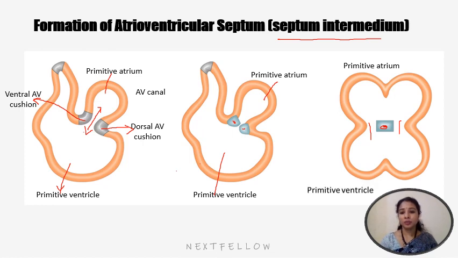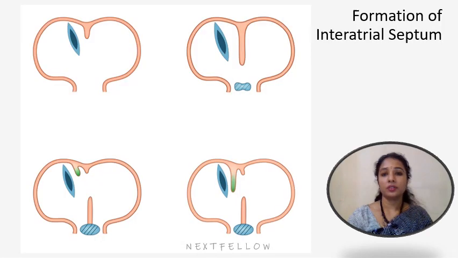This is the primitive ventricle, this is the primitive atria. This is the right AV valve and this one is the left AV valve, and in between is the AV cushion. So that was about the development of atrioventricular septum.